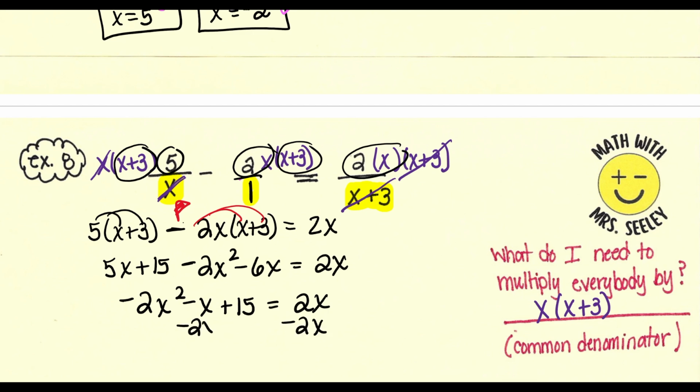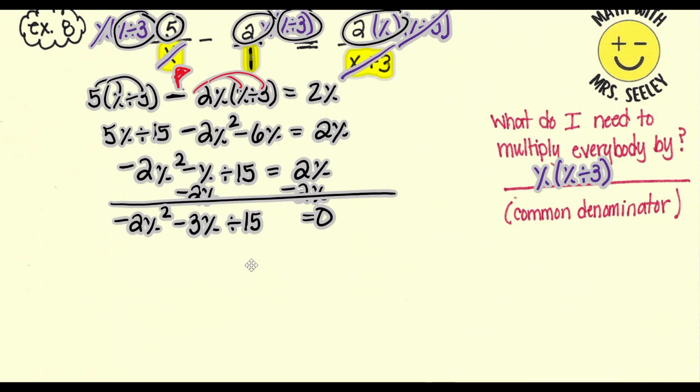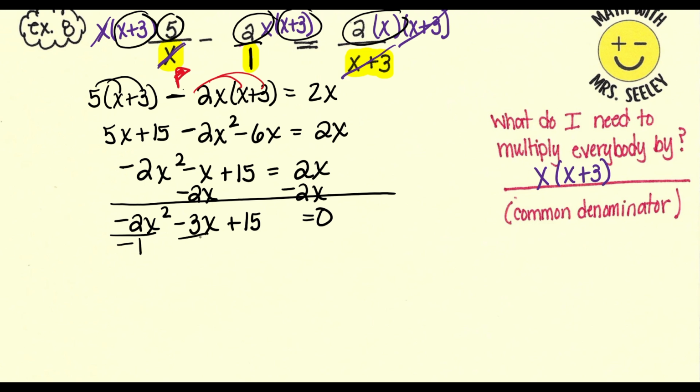So subtract. So then I'm going to end up with negative 2x squared minus 3x plus 15. Now, I personally don't like to factor it with a negative x squared, so I'm going to divide everybody by -1.